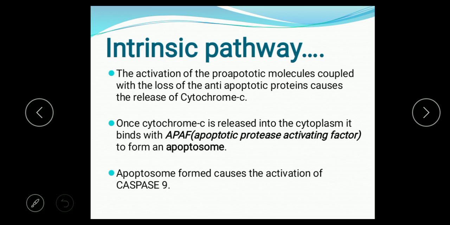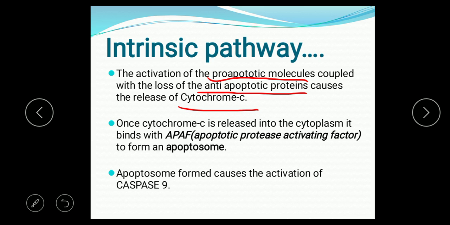So the activation of pro-apoptotic molecules coupled with the loss of anti-apoptotic proteins causes the release of cytochrome C. Guys, actually whenever there is high concentration of pro-apoptotic molecules than anti-apoptotic molecules, then only the cytochrome C will release.